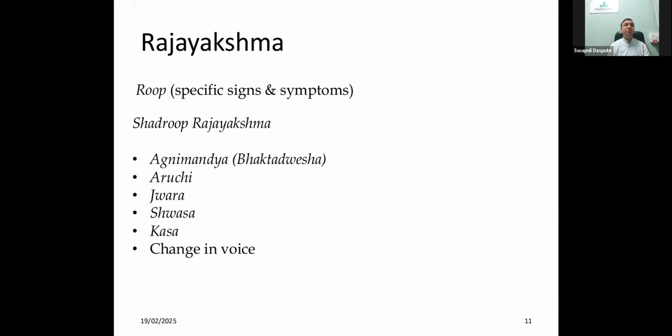What happens in Shadrupa Rajakshma? Agnimandya. Bhakta Dvesha. We have seen this word in the past. Bhakta is food and Dvesha is disliking, so disliking towards food is seen, which indicates Agnimandya.